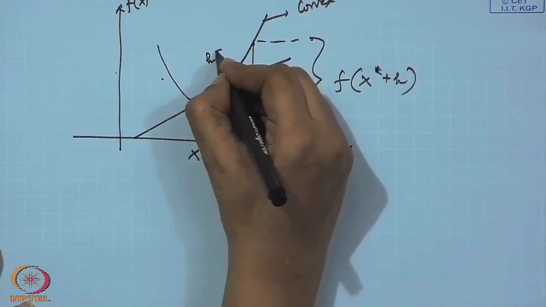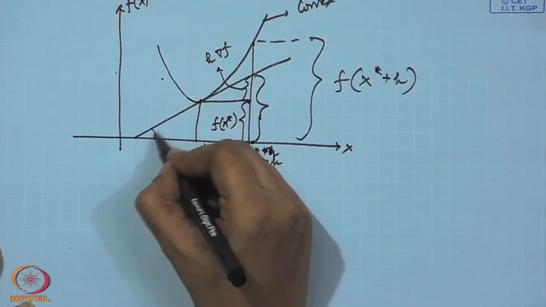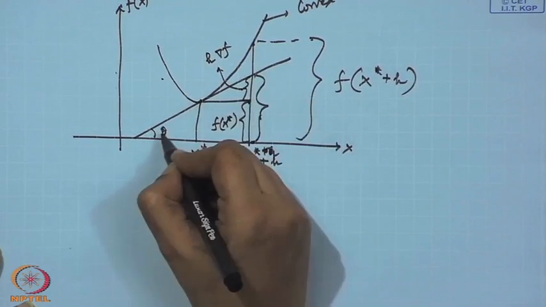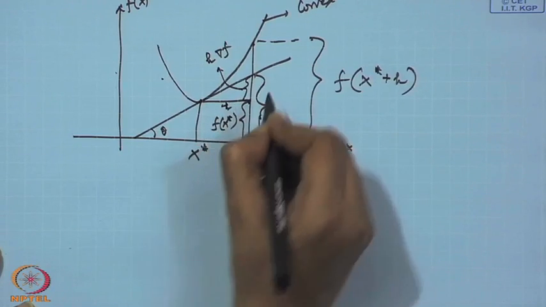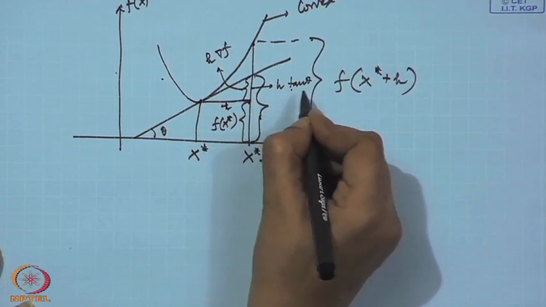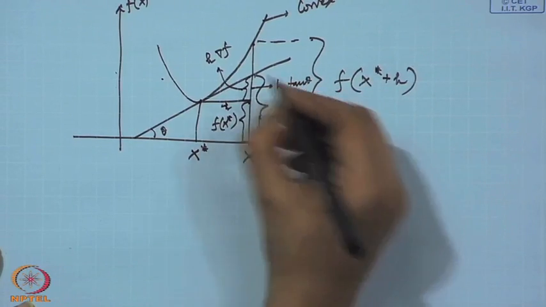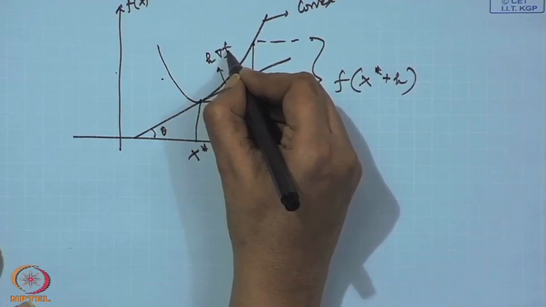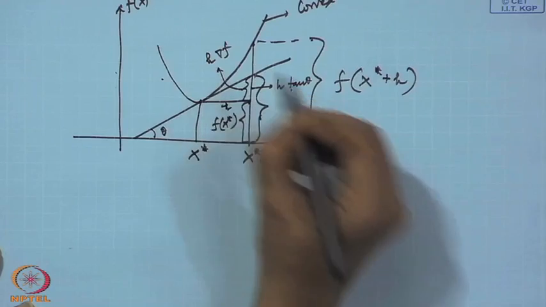This value would be equal to h del f, because if we consider the tangent here with the angle theta, and this is h, then it would be equal to h tan theta. Tan theta would be nothing but the slope of this tangent, that is the first order partial derivative, the gradient function we are considering.